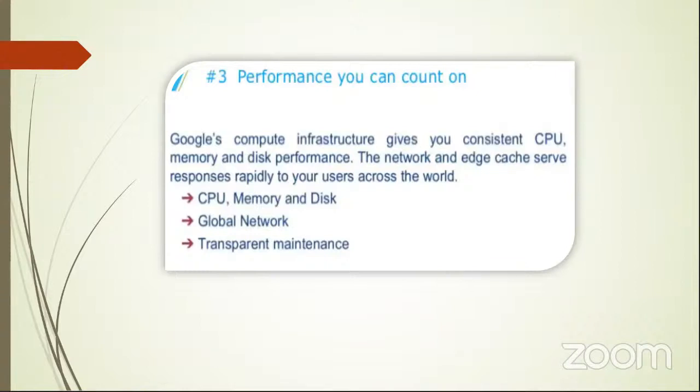And there is also a term called transparent maintenance. This means that if any maintenance is required on the Google data centers, you don't have to worry about your machineries. Suppose in the legacy or in your data center case, if you want to have a maintenance, you need to have a cutover, and you also inform all your services or application holders that we have some maintenance with which your network or your access to that particular service might go down, right?